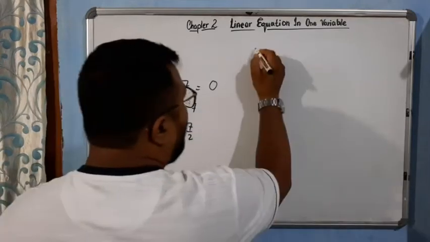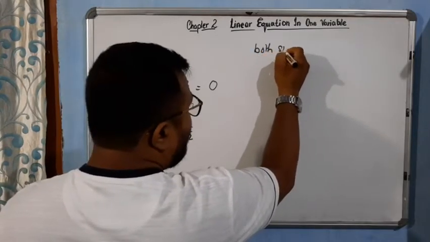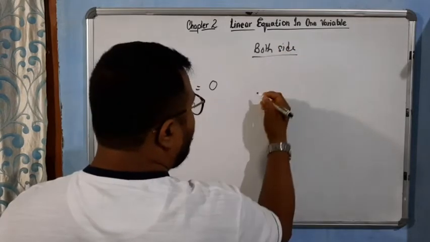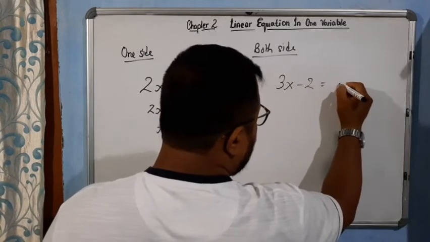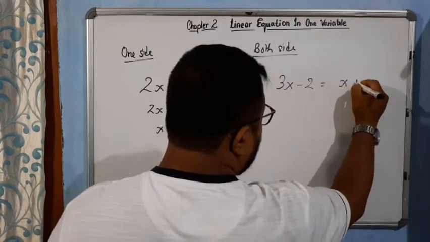But when the variable is on both sides, what will happen? Suppose 3x minus 2 equal to x plus 8.